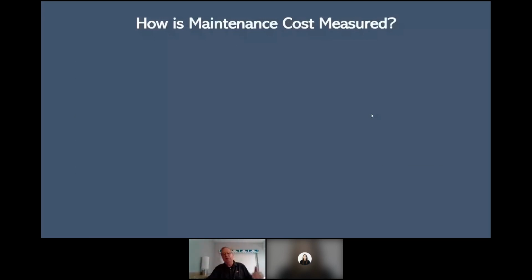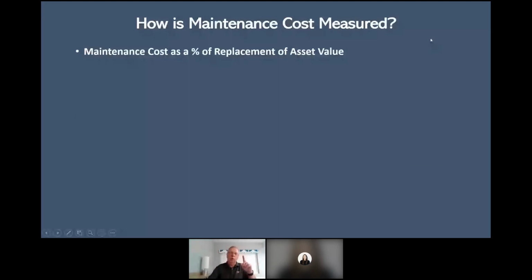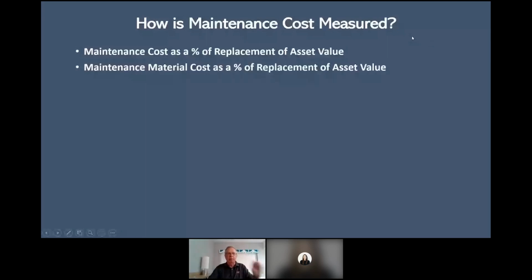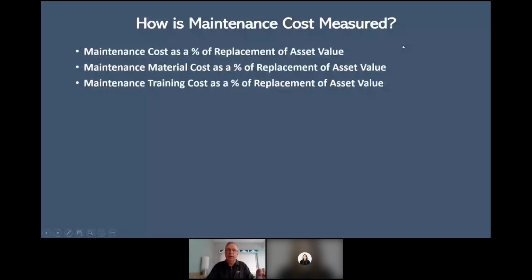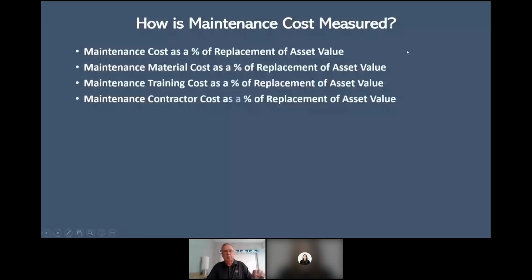So how is maintenance cost really measured? Maintenance cost is the percentage of replacement asset value. That's the number one way to measure it in the world. Maintenance material costs as a percentage of replacement of asset value. Maintenance training costs as a percentage of replacement of asset value. And maintenance contractor costs as a percentage of replacement asset value.